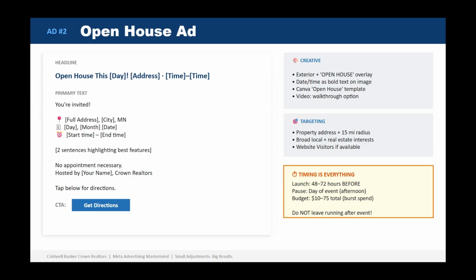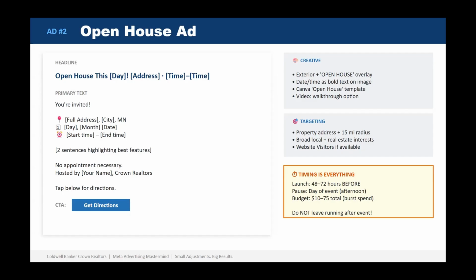Do not forget to stop this ad from running after the open house because it runs on 24-hour blocks, right? So if you have your open house on Saturday, you can run the ad Wednesday, Thursday, Friday and have it stop itself. Or if you don't want to miss that Saturday Facebook traffic, you can run the ad Thursday, Friday, Saturday until your open house.